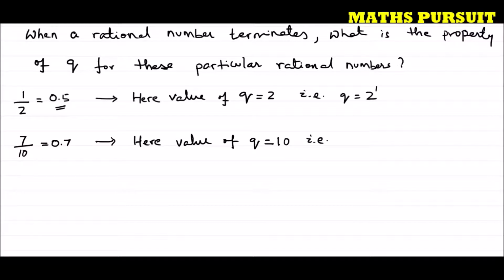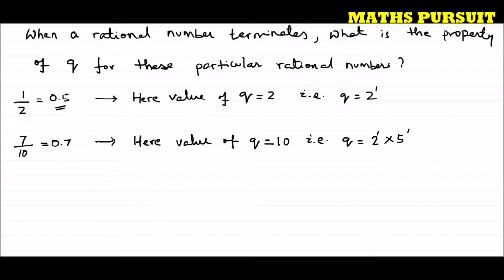That is, I can write q is equal to 2 to the power 1 into 5 to the power 1. Here 7 upon 10 we got 0.7 which is terminating. So the value of q is 10, and this 10 is nothing but 2 to the power 1 into 5 to the power 1. Hope guys this example is also very clear.